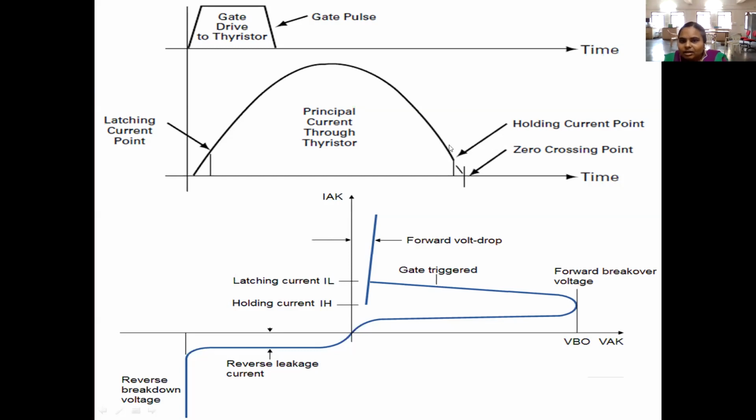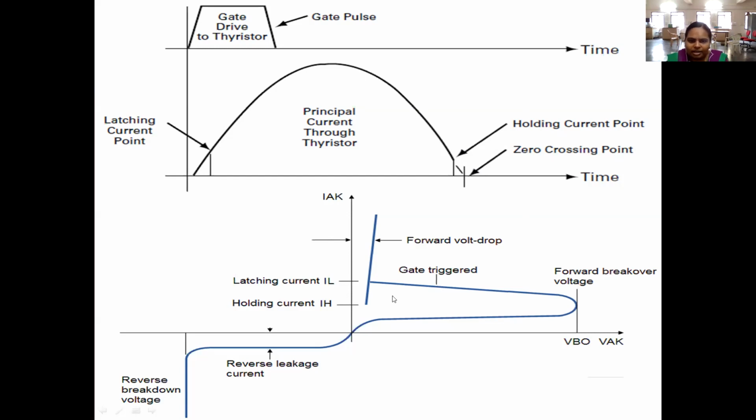That current we call the holding current point. This 0 crossing we call the 0 crossing point. In forward conduction, it will be crossing to 0.